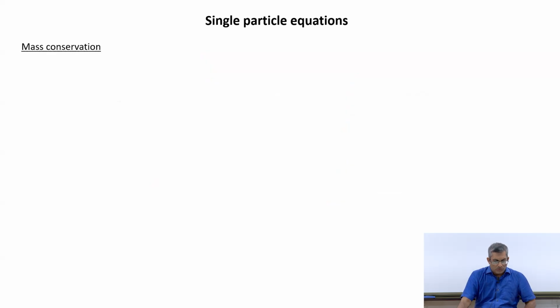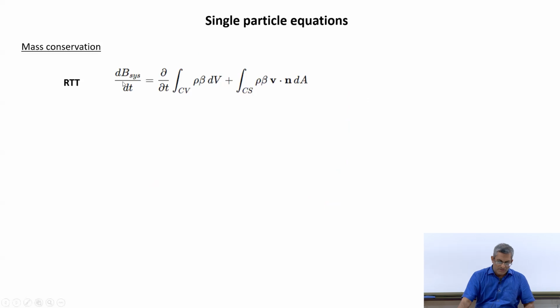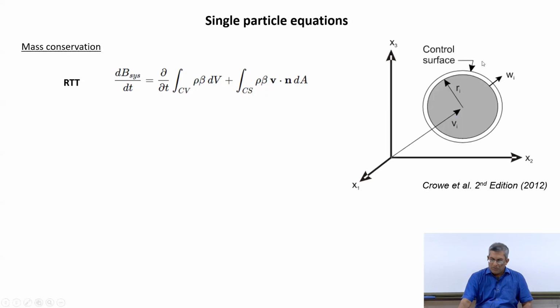Okay, so again we will first look at the mass conservation. Now here, this is again the Reynolds transport theorem. Then we consider a movement of a particle in a certain reference frame.